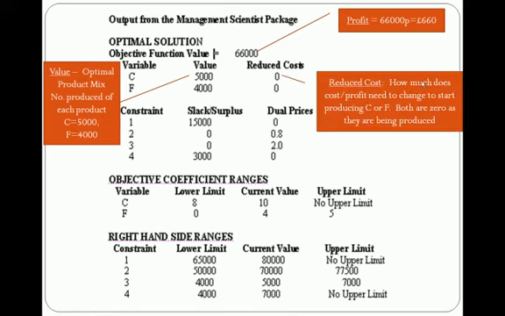The reduced cost tells us how much we need to increase our profit on so that we start producing C or F, our decision variables. You can see in this case both are 0, therefore both are being produced already, so we don't need to change the costs at all.